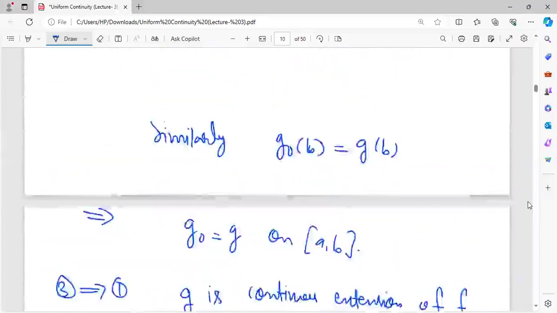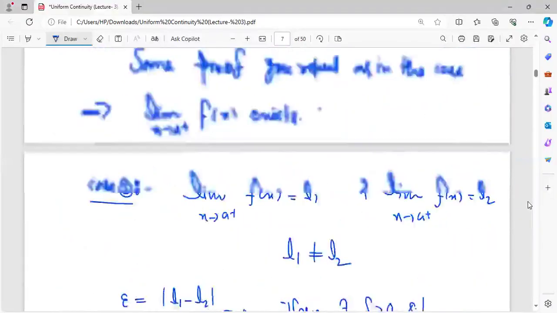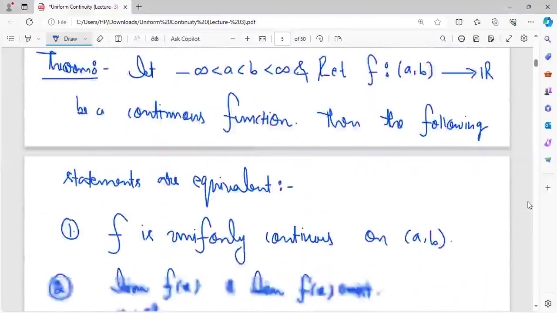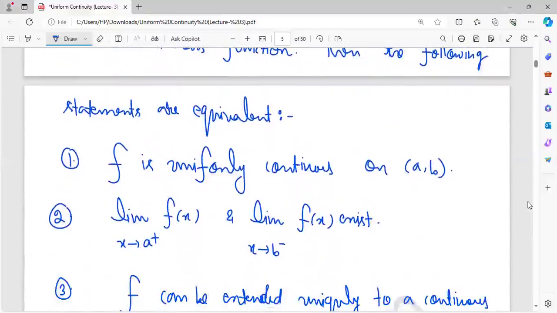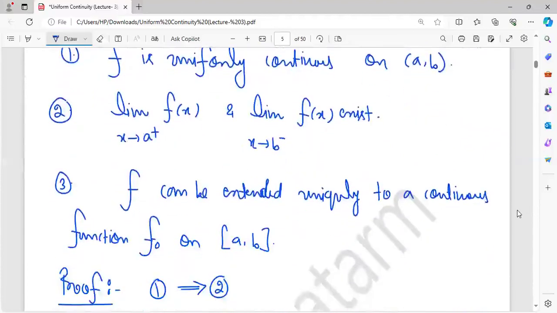We recall this theorem. What was that theorem? If a function f is uniformly continuous on open interval AB, left hand and right hand limits exist, and f can be extended uniquely to a continuous function f naught on the closed interval AB.